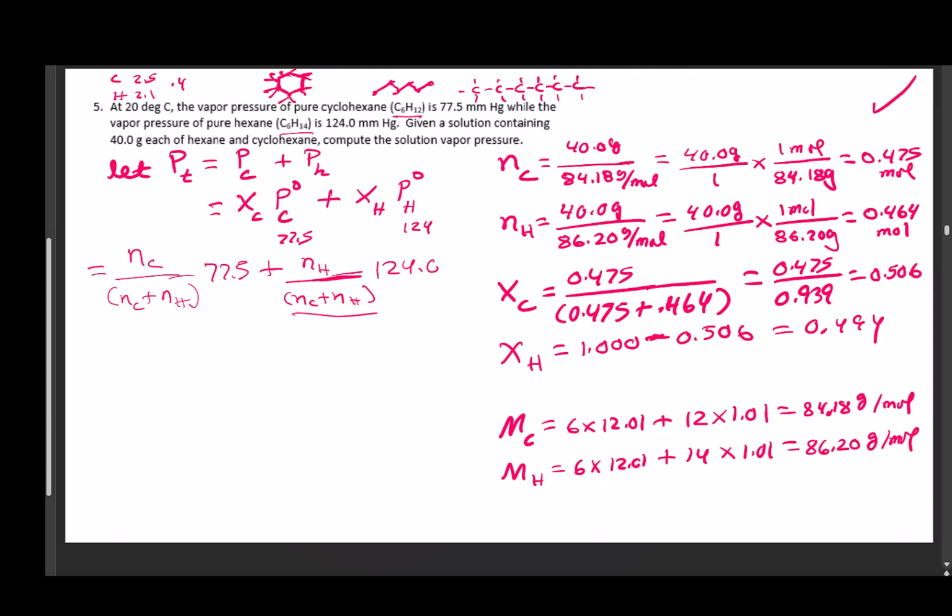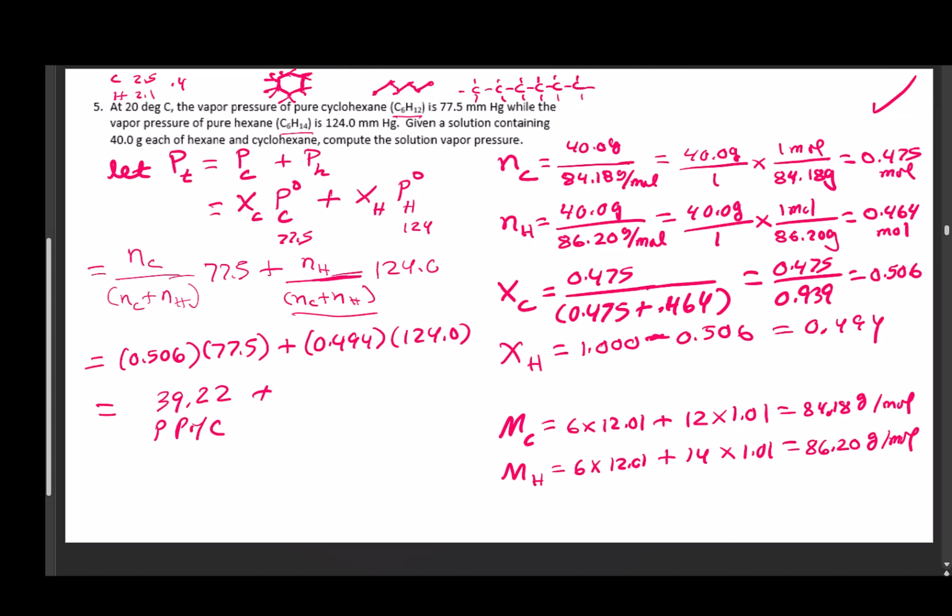So then we can plug that in, and we get for x sub c times 77.5, and for xh, so this first number here would represent the partial pressure of the cyclohexane.